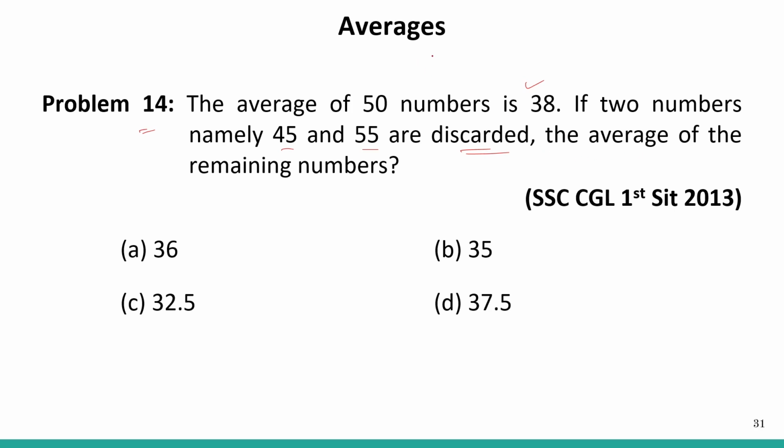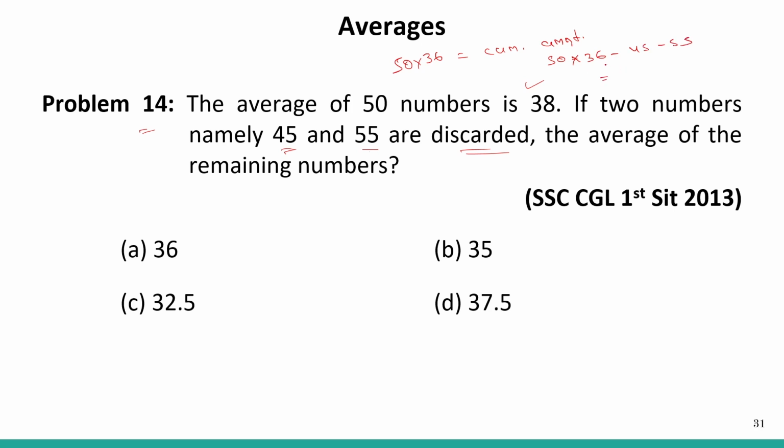So the cumulative amount will be what? 50 into 38 is equal to the cumulative amount. So what we do is we discard 45 and 55. By discarding these two numbers, we can do 50 into 36 minus 45 minus 55.